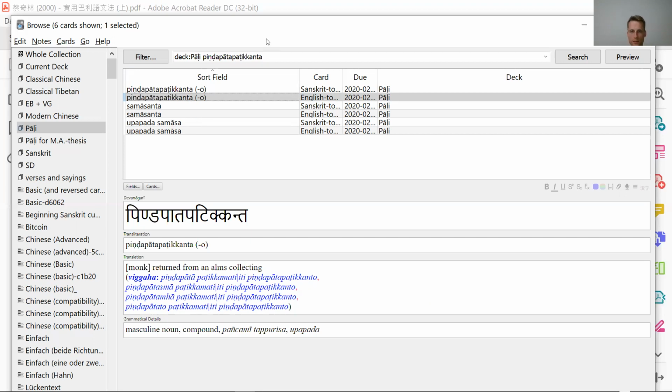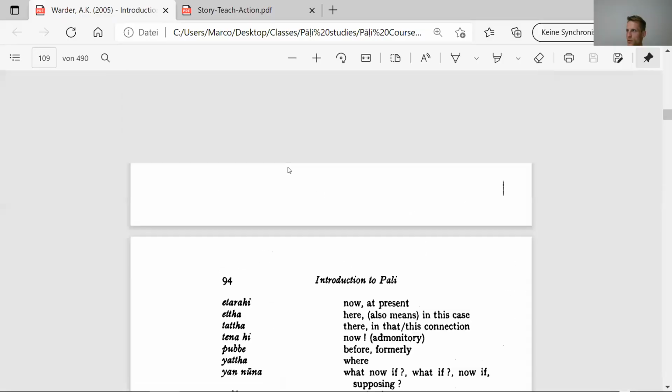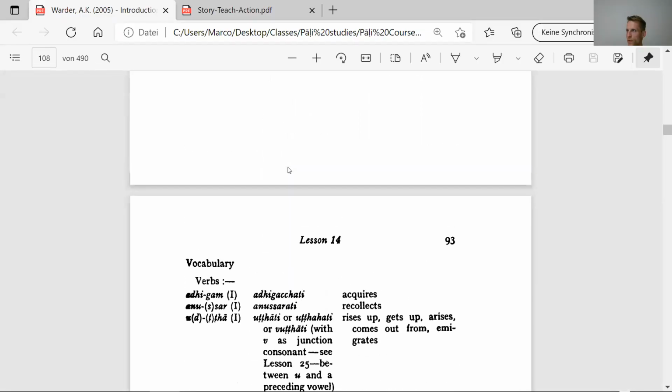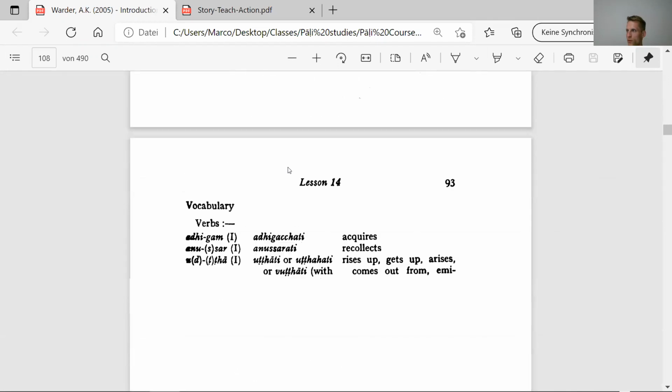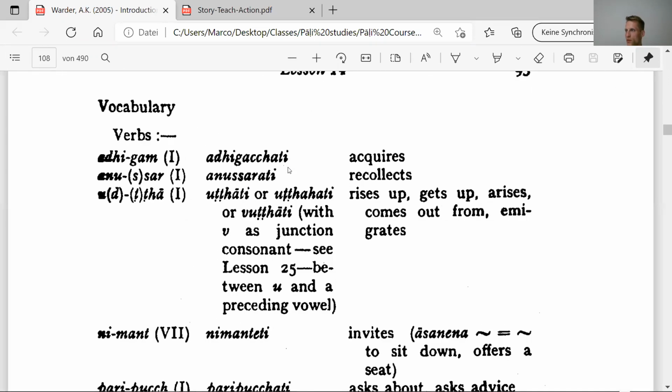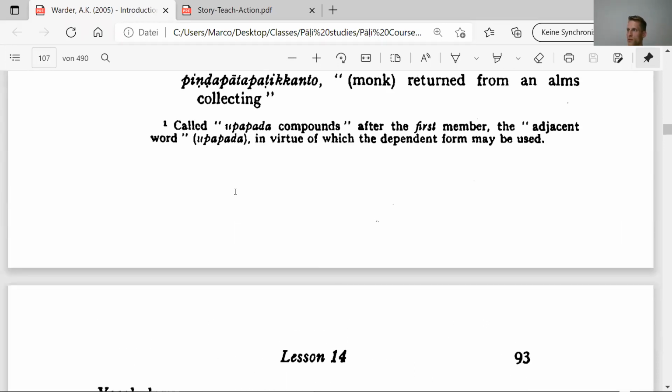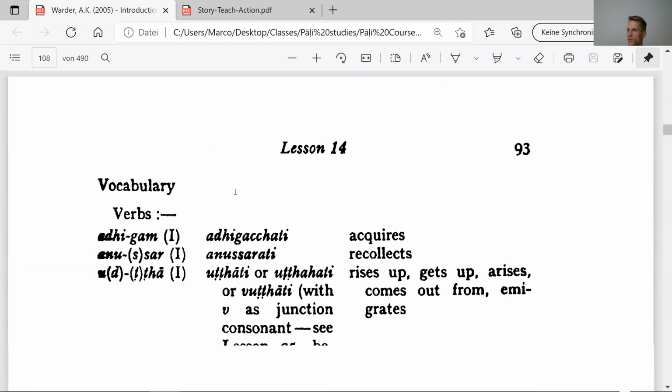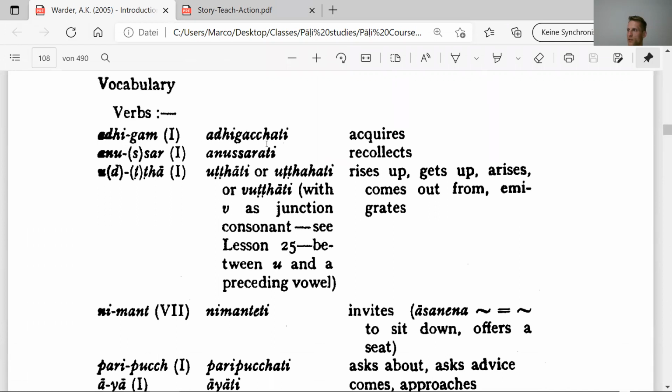Now, lastly, just to introduce the vocabulary for this lesson, which, by the way, I forgot on Tuesday. So we go through the whole list. Okay. Adhigacchati, acquire, anusarati, recollect, utthahati, to rise up, get up, arise, come out from, emigrate.